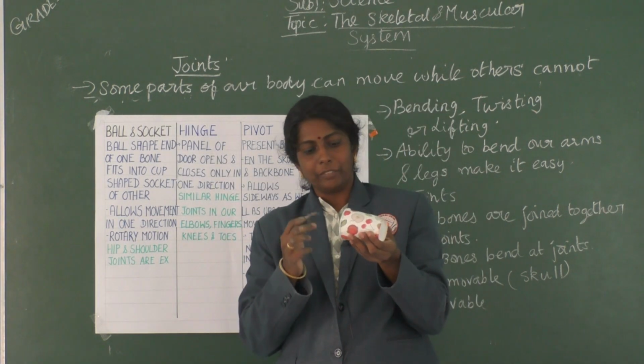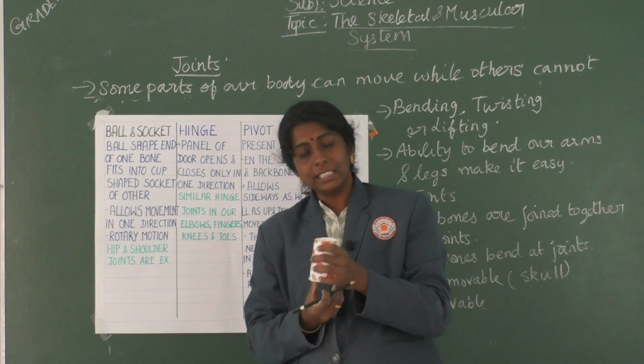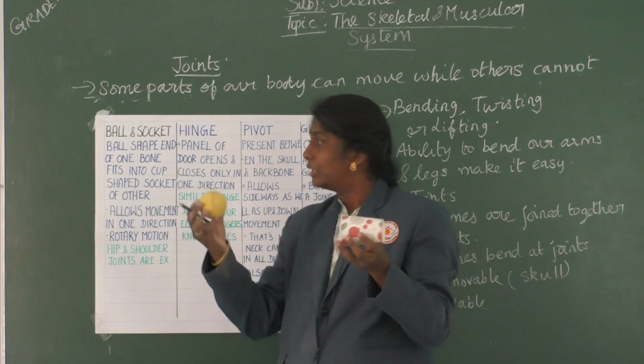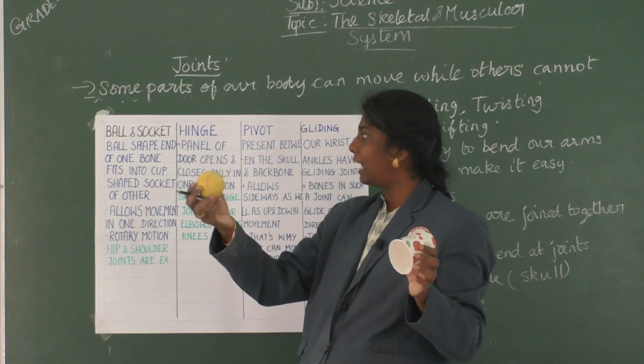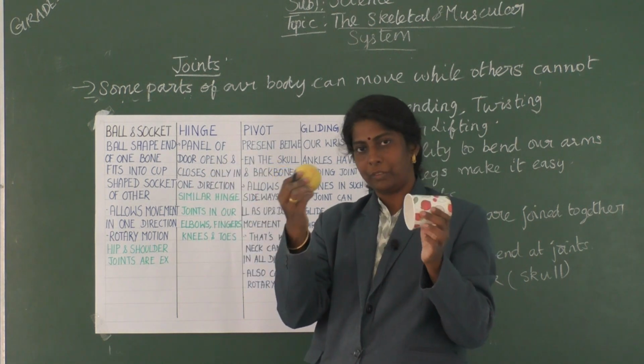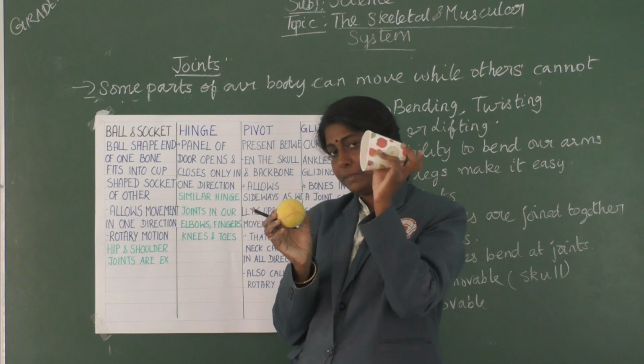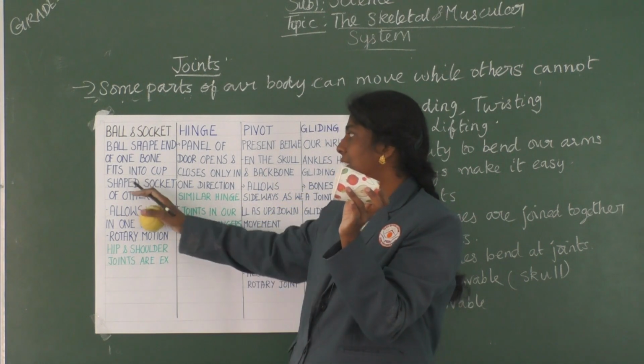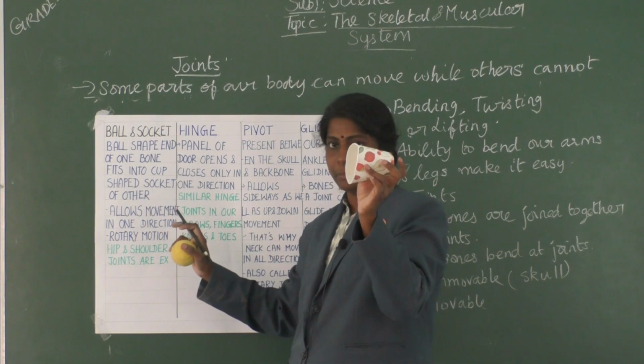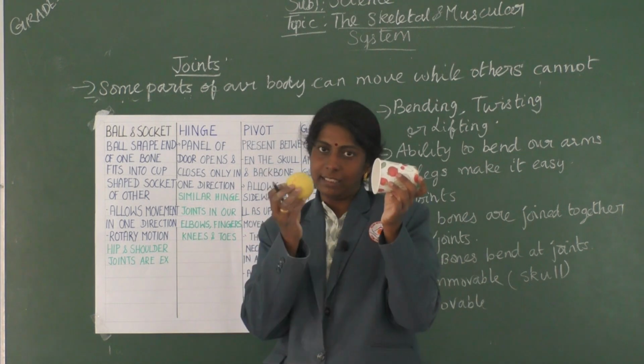Here the ball is considered to be one bone end, which will go and fit with the cup. The cup is the other bone end, the cup shaped socket of the other bone.